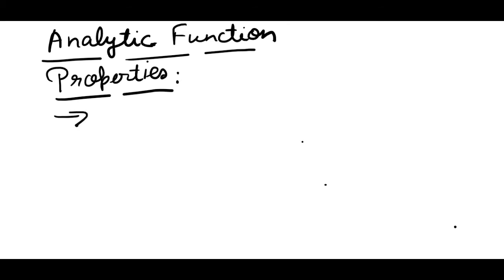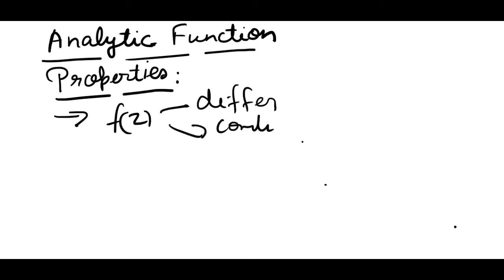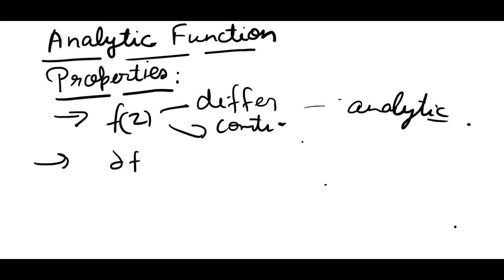Next property, f(z) is differentiable and continuous if it is analytic. This is very simple, and the derivative of f(z) is also analytic if f(z) is analytic.